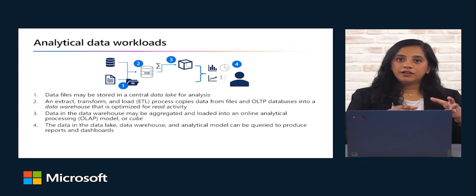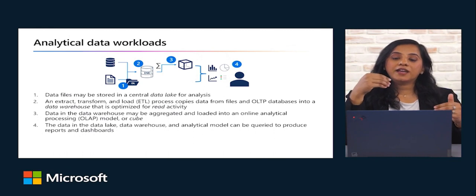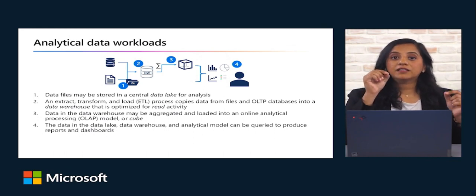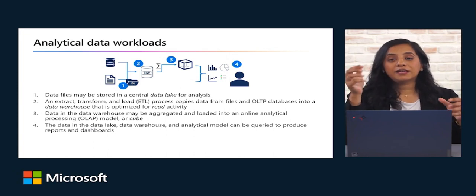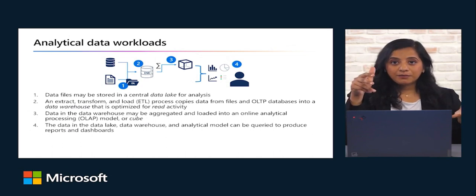In the first step, data files may be stored in the central data lake for analysis. Then your data can be loaded into a data warehouse, which is optimized for read activity. The third step is that the data warehouse can be aggregated and loaded into an OLAP model. Now, what is this OLAP model?